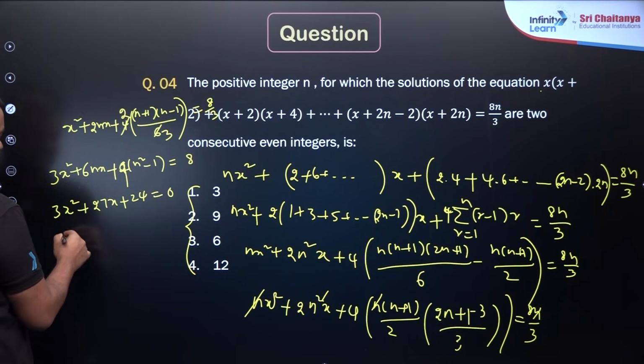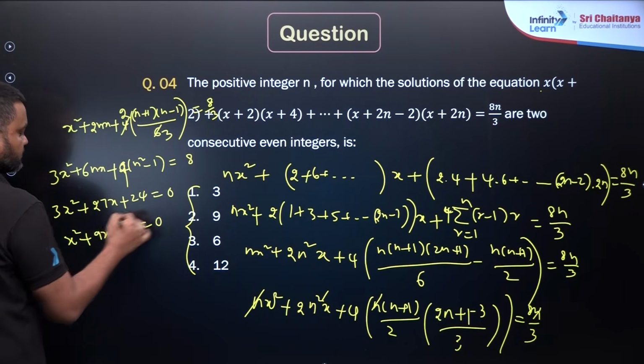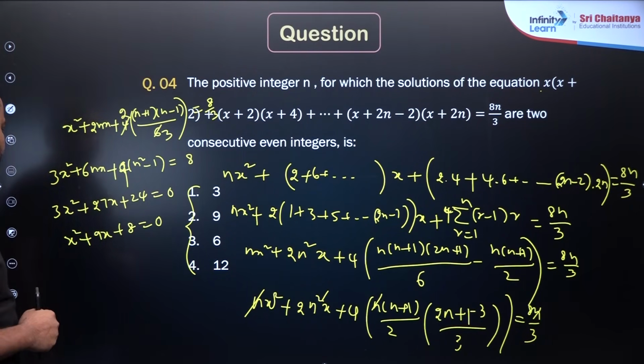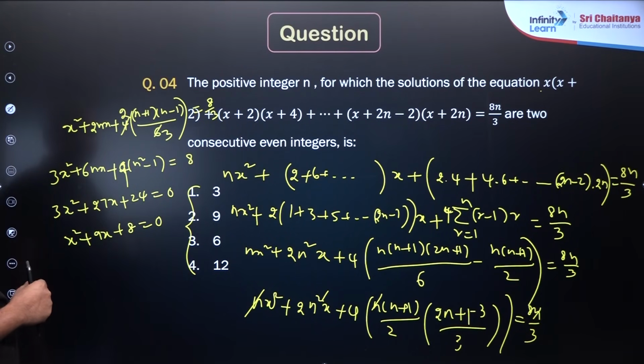So 3 you can cancel it, x square plus 9x plus 8 equals 0 is what I am going to get. Alright. Now what are the roots of this equation? Consecutive even integers I am supposed to get. The positive integer n for which the solutions of these are 2 consecutive even integers.